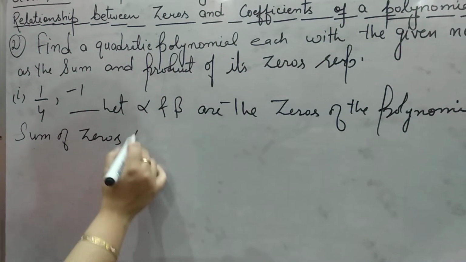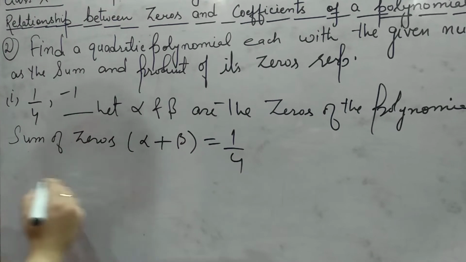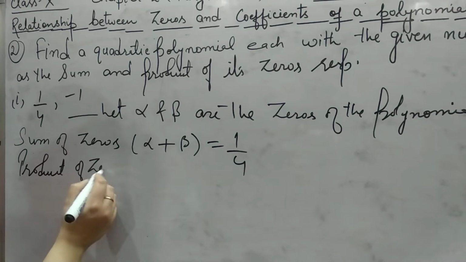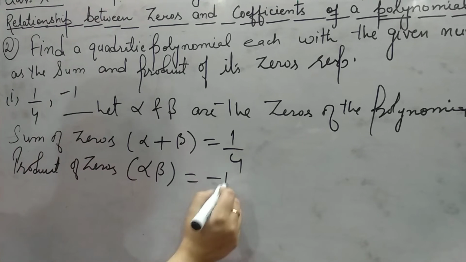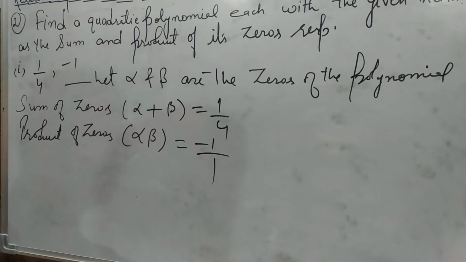Sum of zeros, that is alpha plus beta, is given as 1 by 4, and product of zeros, that is alpha into beta, is given as minus 1. Minus 1 can be written as minus 1 upon 1.